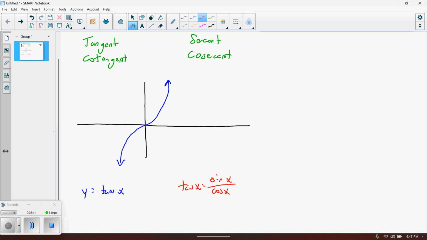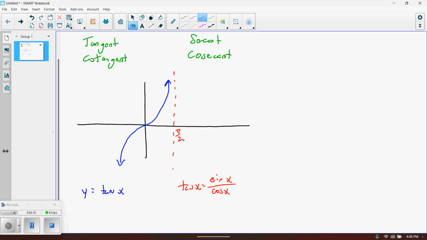Well, because you can't divide by 0, any place that makes the cosine of x 0 is going to create a vertical tangent line. It's going to create an undefined value in tangent. Well, that's going to happen at all of the odd powers of pi halves. So right here, you would have a vertical tangent line, and that would be at pi halves.